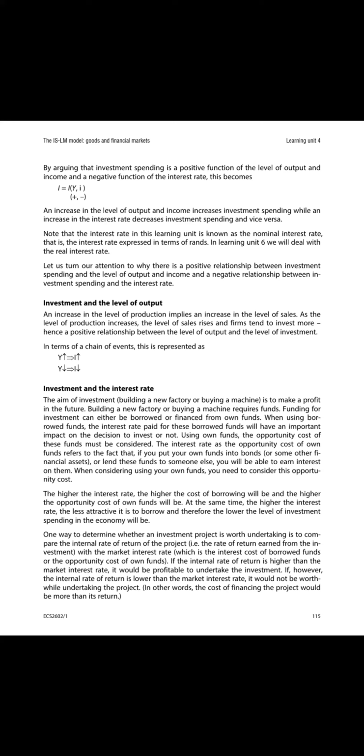So in deriving the IS curve, we keep in mind that there's a positive relationship between your income and your investment spending, while there's a negative relationship between your investment spending and your interest rates. That can already give you a picture of how the curve is going to look. The symbols are given there.